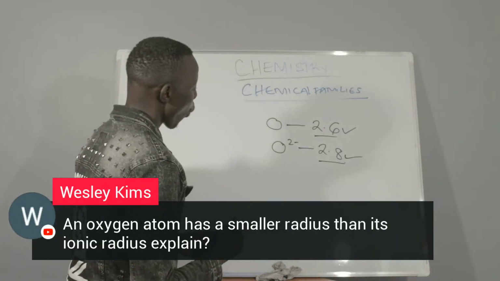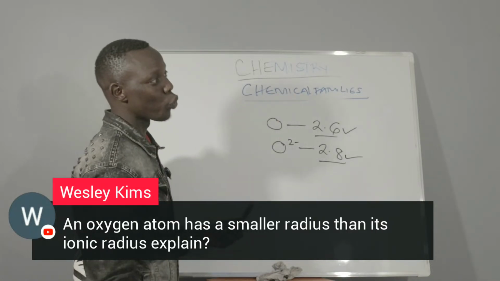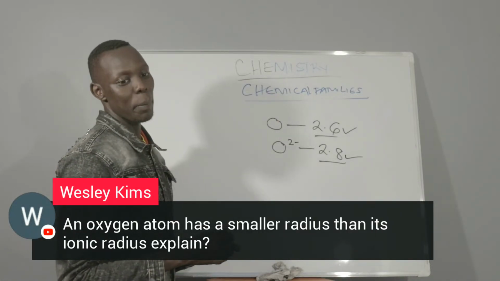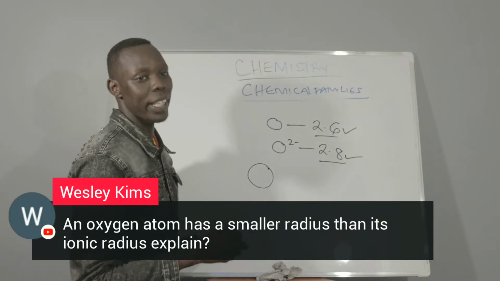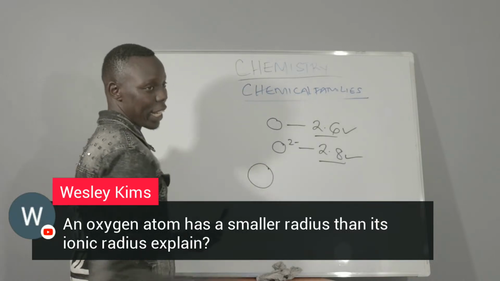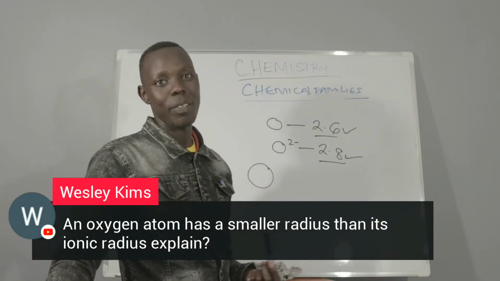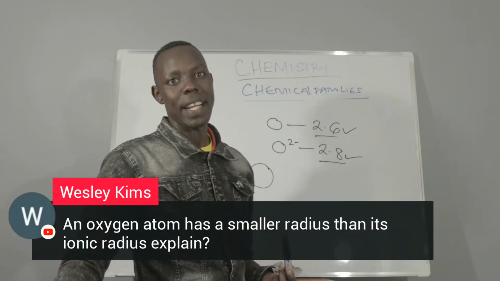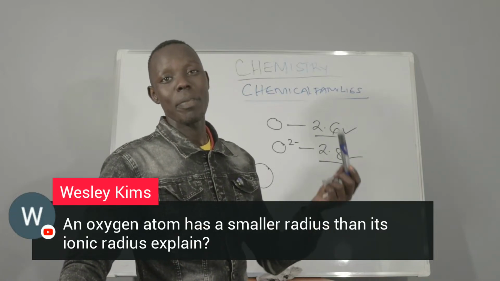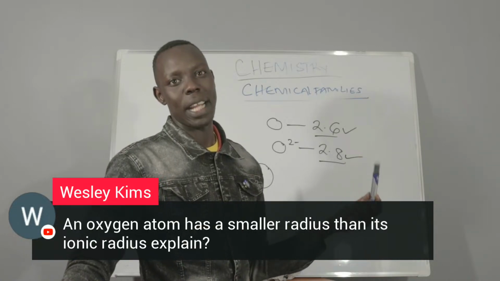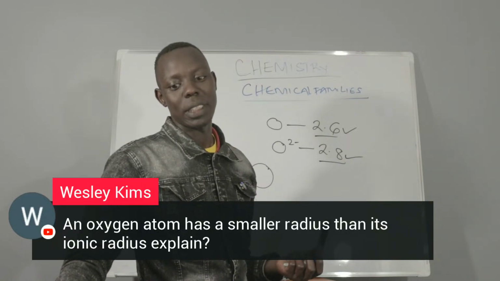Because when electrons are gained from outside to form the oxygen ion, there is a repulsion between the existing electrons and the electrons that have been gained, and therefore the outermost energy level moves far away from the nucleus, increasing the distance, making the ionic radius of the oxygen ion larger than the ionic radius of the oxygen atom. So basically the oxygen ion is larger than the oxygen atom.